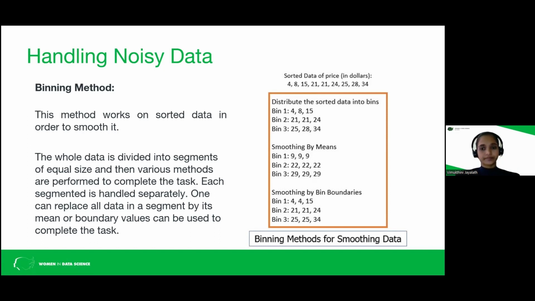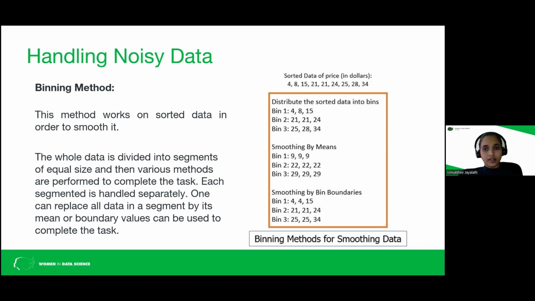So that's smoothing by means. And the other one is smoothing by bin boundaries. So here they have 4, 8, and 15 in the bin. So they're using 4 twice and 15. Those are the edges of the boundary to fill up for the data.